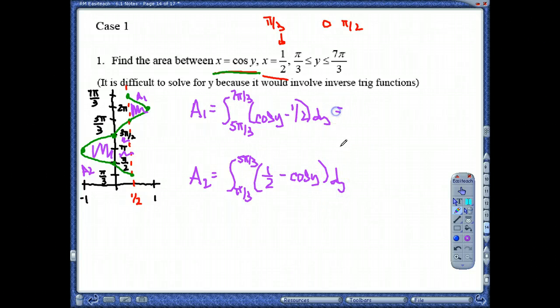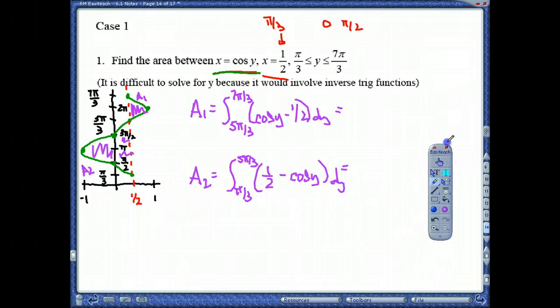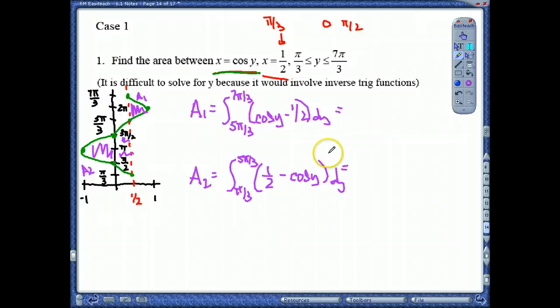Okay. Now, you can put this in your calculator just like you've always done. It doesn't matter what that variable is, as long as it's all consistent in there, and it's going to integrate that just fine. So 0.684853, and the other one was 3.8264459.